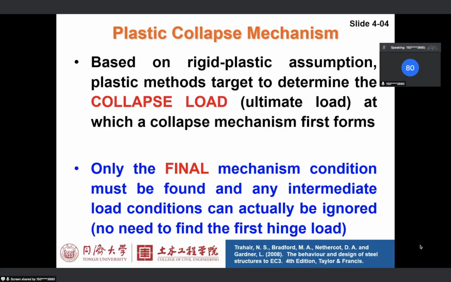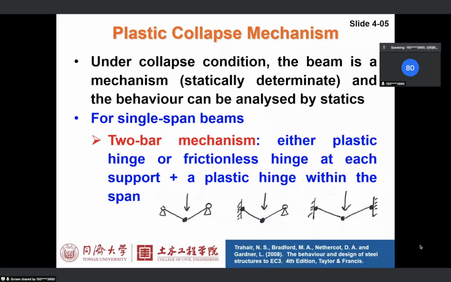That's the final objective, and that's a key objective. So from now on, you don't need to find P1, because that's the first yielding load, and it's sometimes unnecessary to bother finding it. What we need to do is just find PC. That's very important.